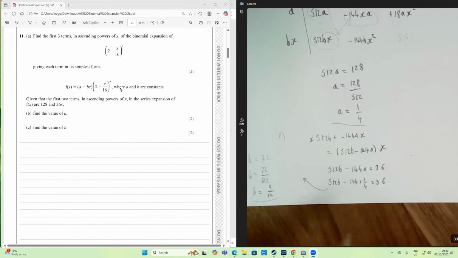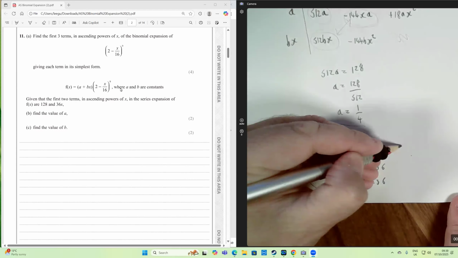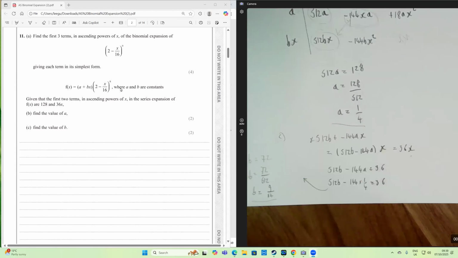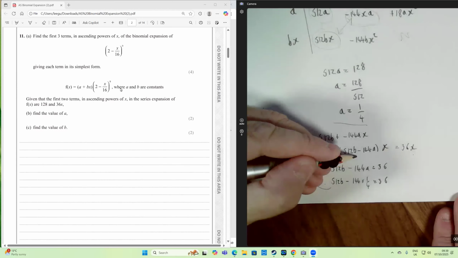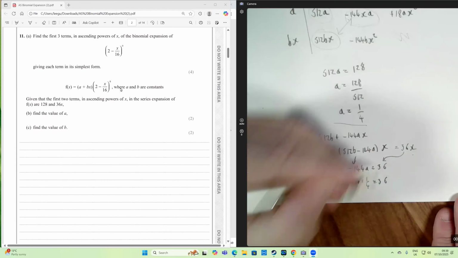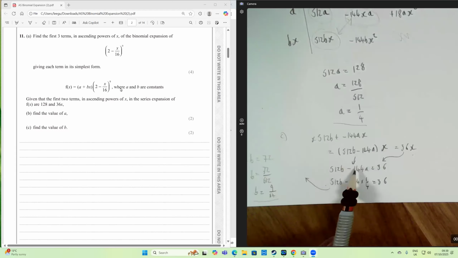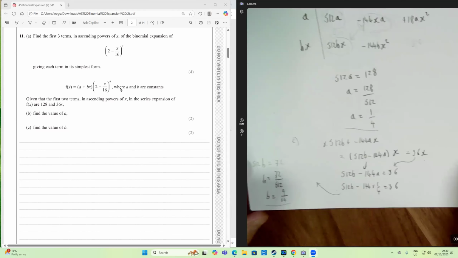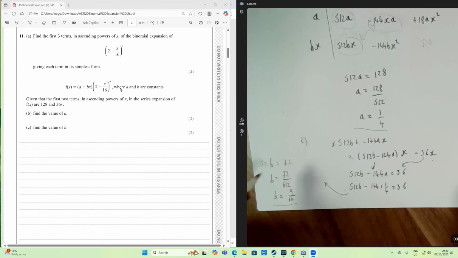So when we equate the coefficients, the numbers in front of the x, we get that 512b minus 144a is 36. We know from earlier that a is a quarter, so we sub that in, and the only unknown in this equation now is b. We rearrange that, and we find that b is equal to 72 over 512, which simplifies to 9 over 64. Really nice 8-mark binomial question there from an AS paper.